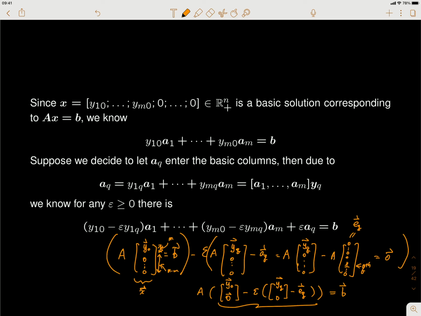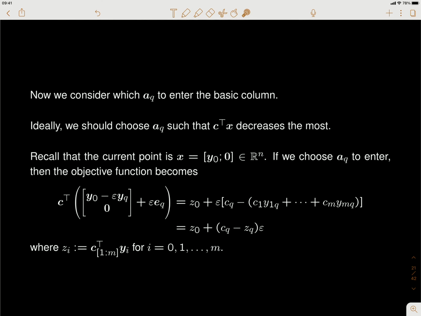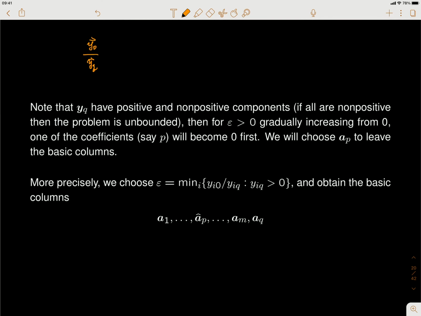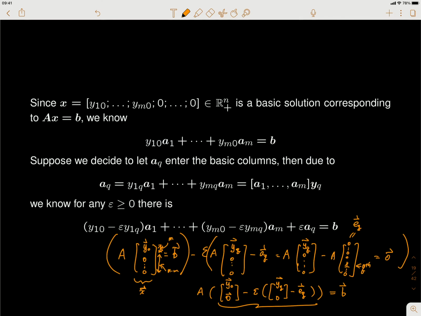To check the function value of this new vector, I just need to multiply the vector c to it, make an inner product of c and this vector. So let's see what happens. As I just mentioned, I can merge these two first. Now the vector becomes y0 minus epsilon yq.